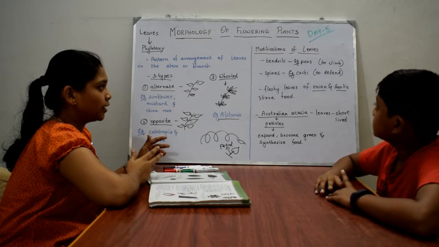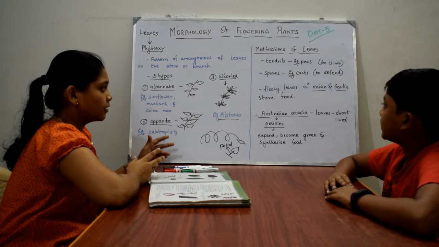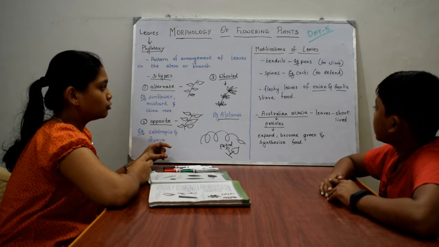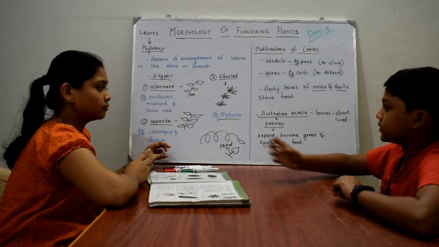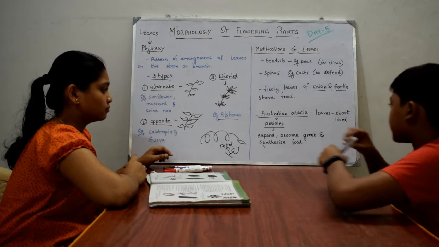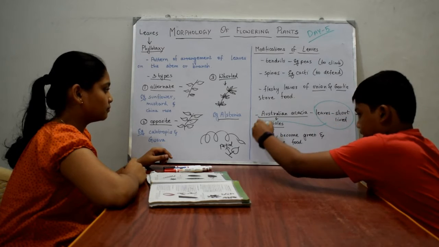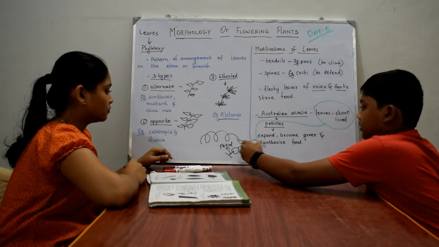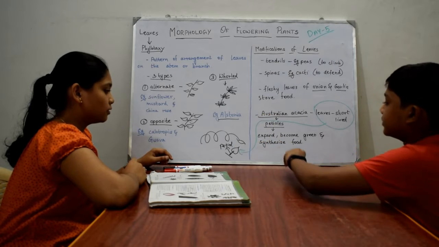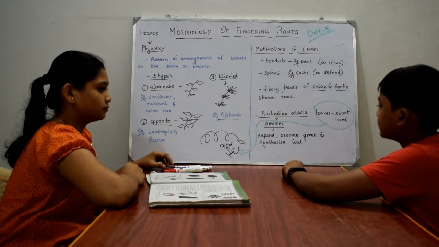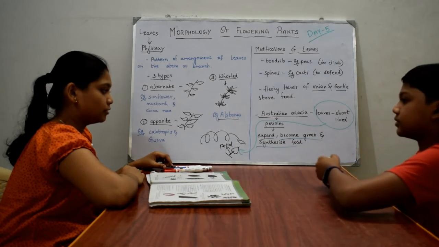Modifications of leaves: tendrils to climb, spines in cactus to defend, onion and garlic to store food. Australian acacia has a short lifespan of leaves, so the petioles expand, become green and synthesize food.